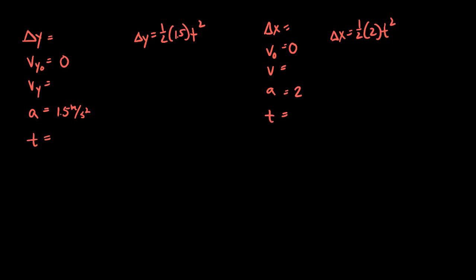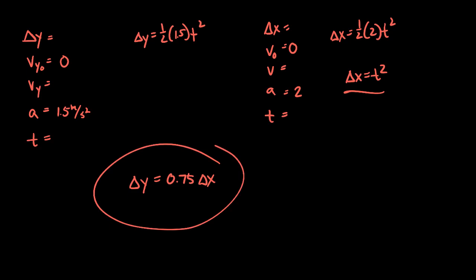You guys see that okay? Well, I can solve one of these for t squared and set it equal to the other, and right now delta x equals t squared. So delta y equals 1/2 of 1.5, which is 0.75, times delta x. That's it.